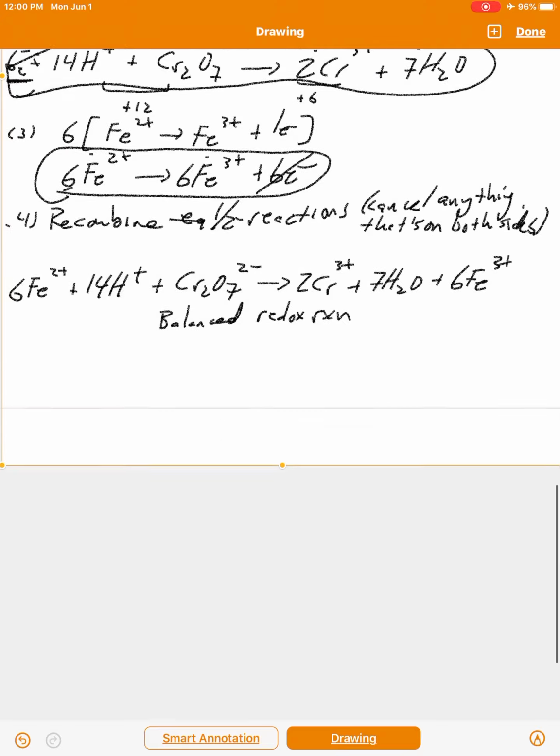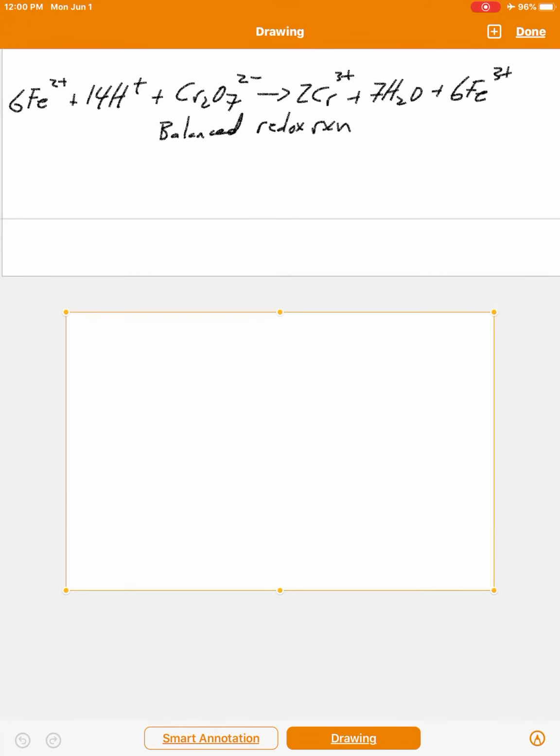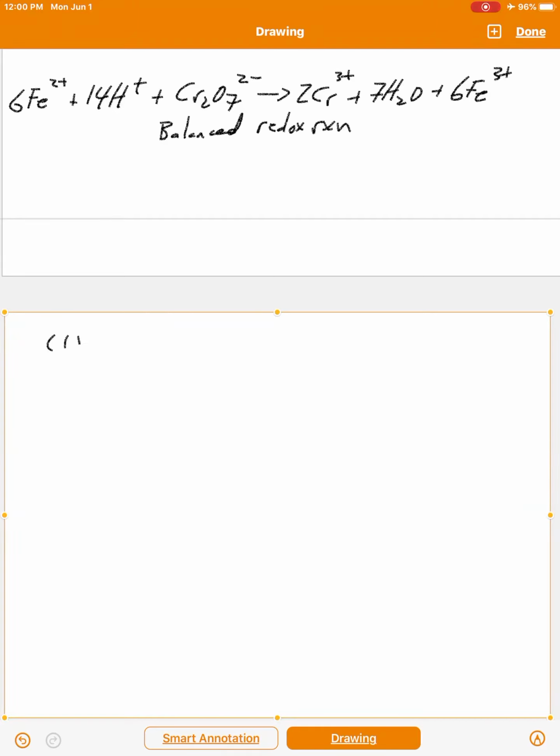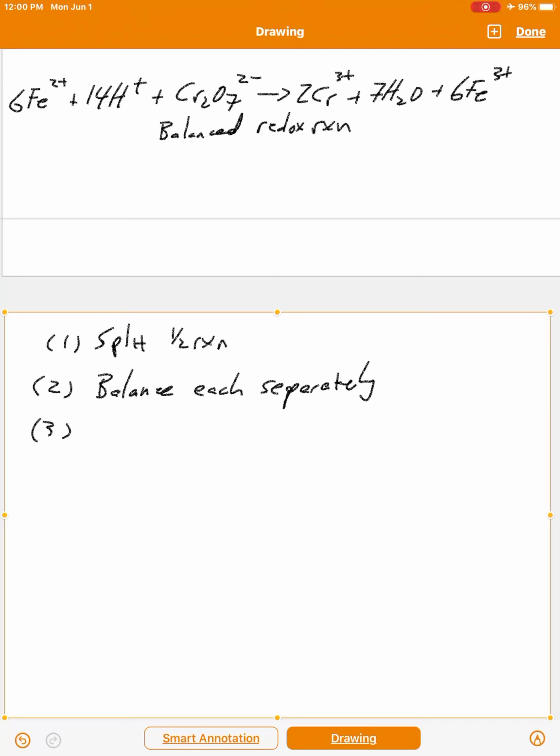So here's essentially what you're going to do. 1, split half reactions. That's easy enough. 2, balance each separately. 3, when you're balancing each one, you do each element, then electrons.